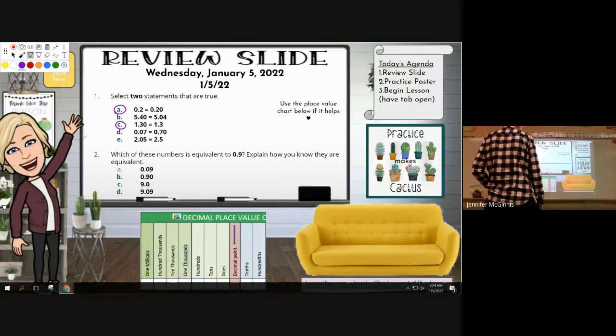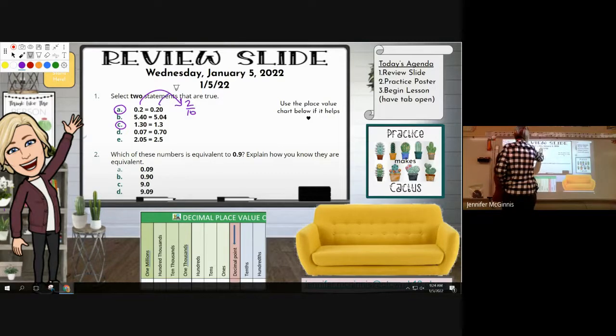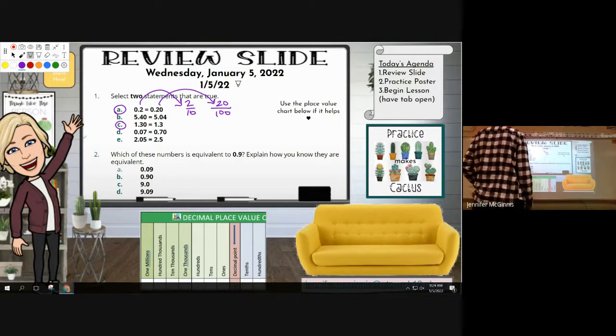And then I know this is 100 because it has a 0 here. This is 2/10, and this is 20 hundredths, correct? Is that what you're saying? Yes. Who agrees with Kyrie?